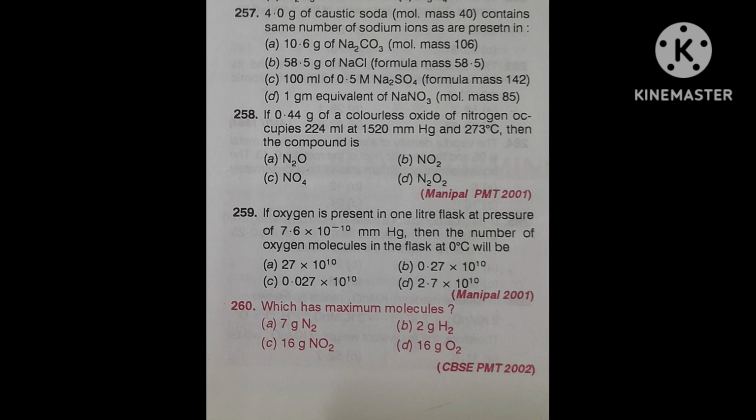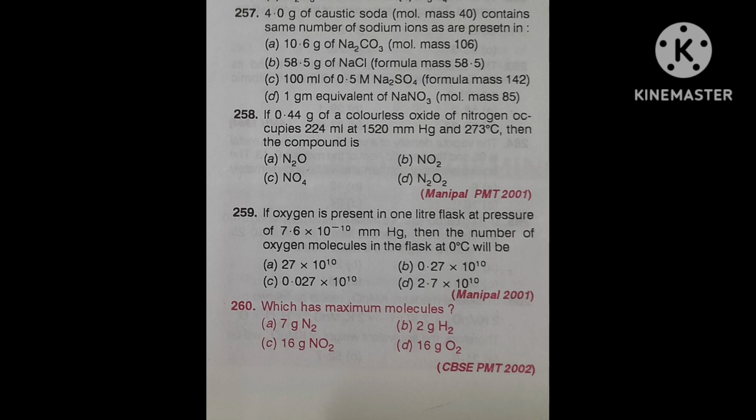Then n is equal to PV upon RT. Pressure is 7.6 into 10 to the power minus 10 mmHg. You have to convert it into atmospheric pressure by dividing by 760, correct?